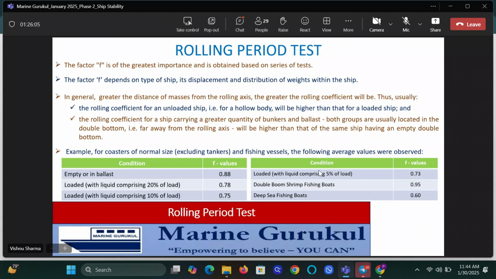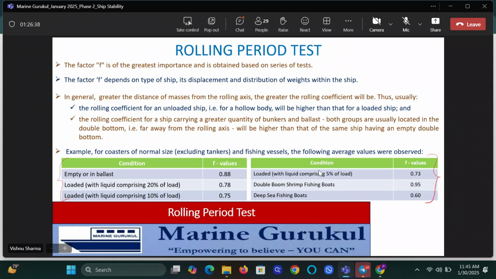If it is loaded, then 0.75, then loaded with liquid comprising 5% of the load, 0.73, double bottom fishing boats 0.95, deep sea fishing boats. You don't have to remember these. This is just to emphasize the fact that F will depend on type of ship and how the weights are distributed with reference to the rolling axis. These two factors will determine the value of F.